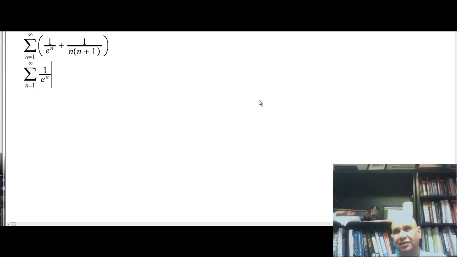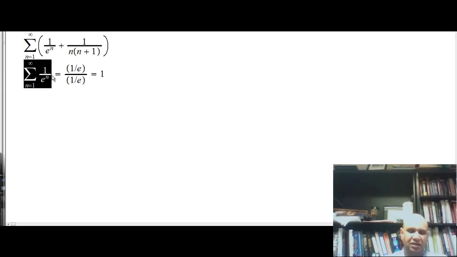It's a geometric series. Since it is a geometric series and the first term is 1 over e, and the common ratio is also 1 over e, so that turns out to be what?